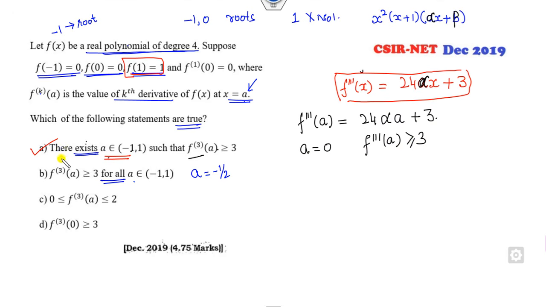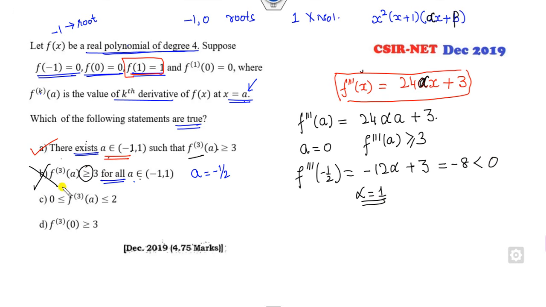It's satisfied. Now if I choose a as minus half, then it will be minus 12 alpha plus 3, where alpha is any number. If I choose alpha as 1, then clearly this is minus 8 and less than 0, but he said greater than. So this option is cancelled out.